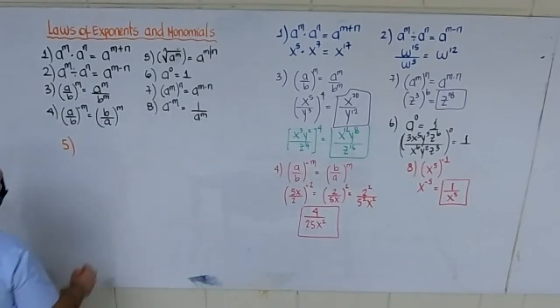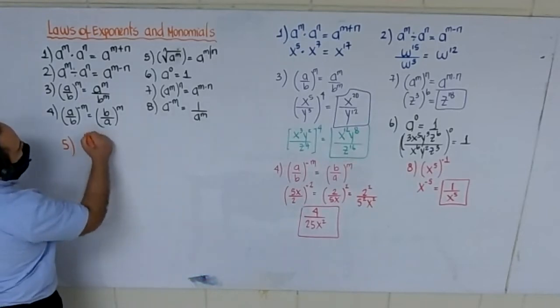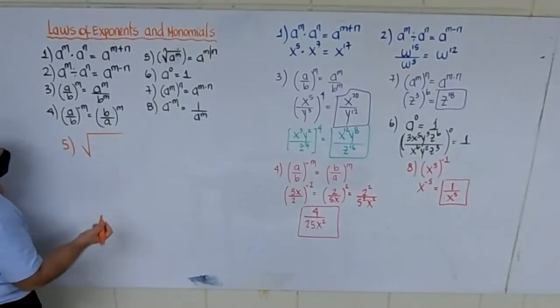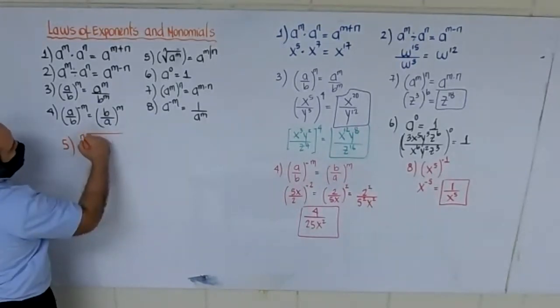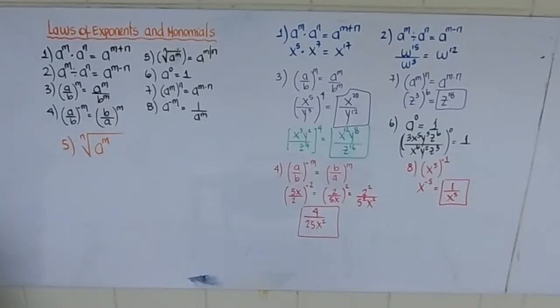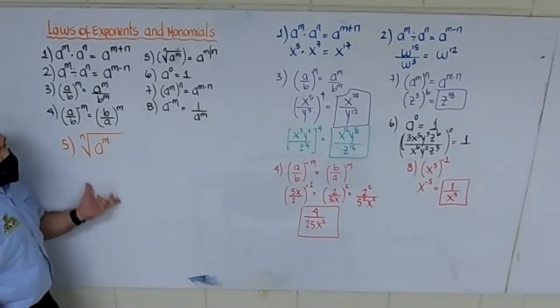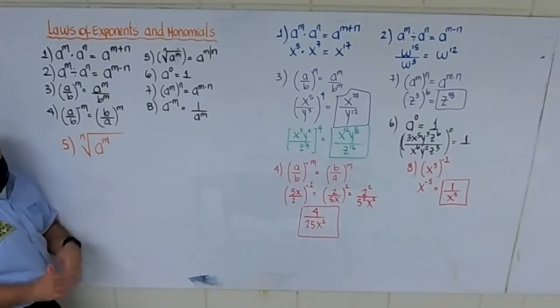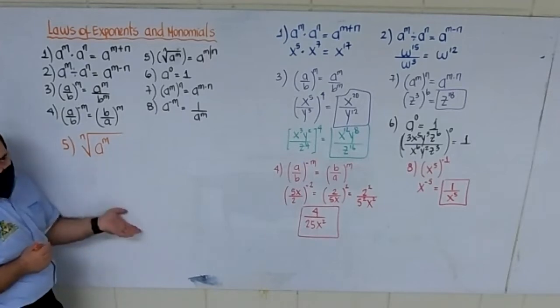For example, according to rule number 5, we have the n root of a to the m power. I'm saying n root because the letter n could be a square root when n equals 2, a cubic root when n equals 3, a fifth root when n equals 5, and so on, okay?